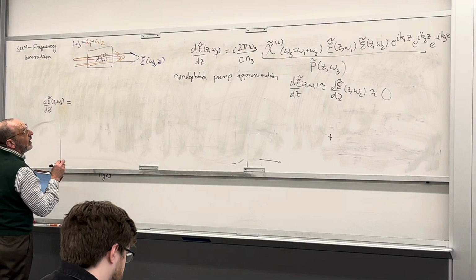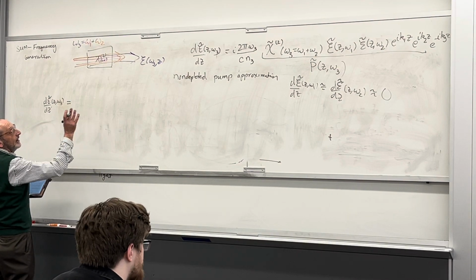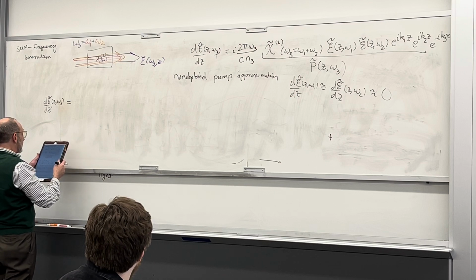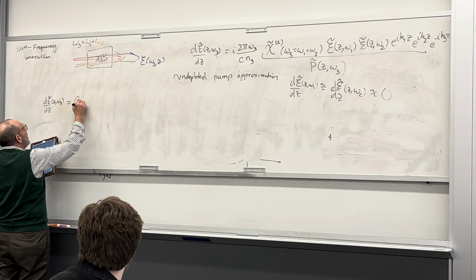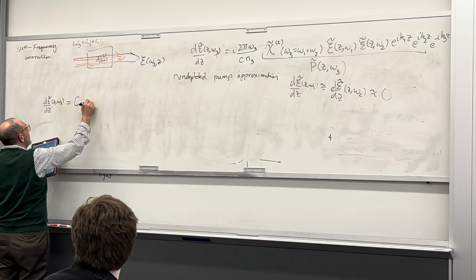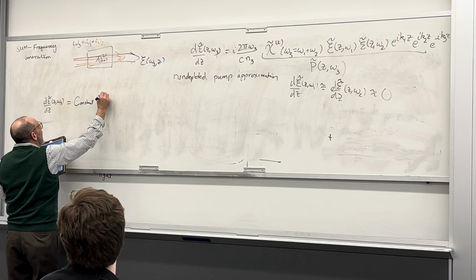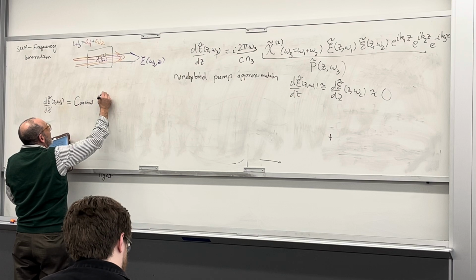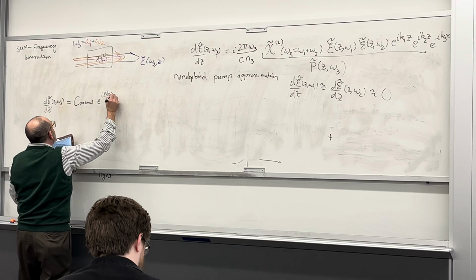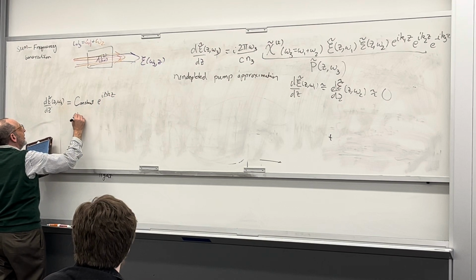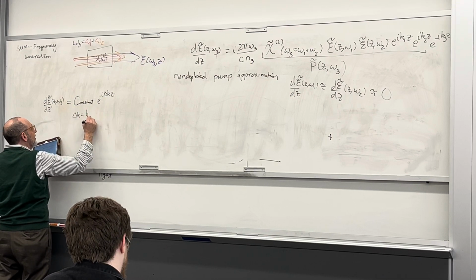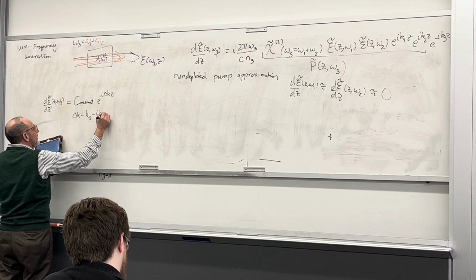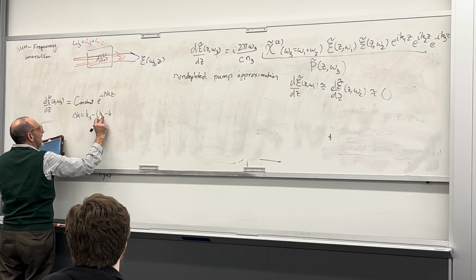Okay, so that's equal to this thing, which is some constant times e to the i delta k z, where delta k, or e to the minus i delta k, is k3 minus k1 plus k2.